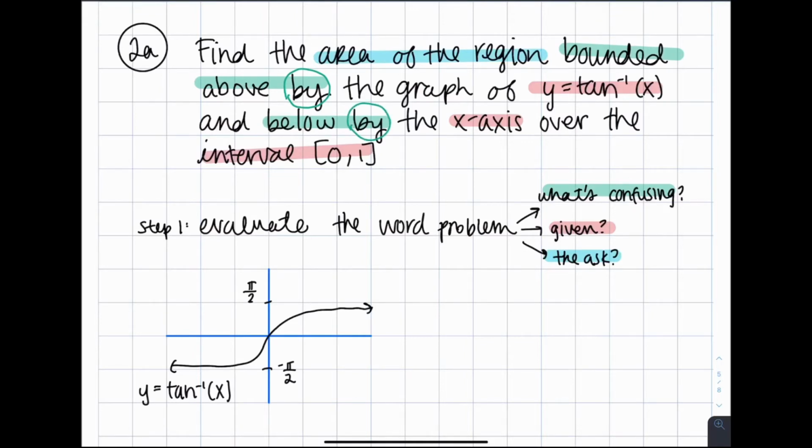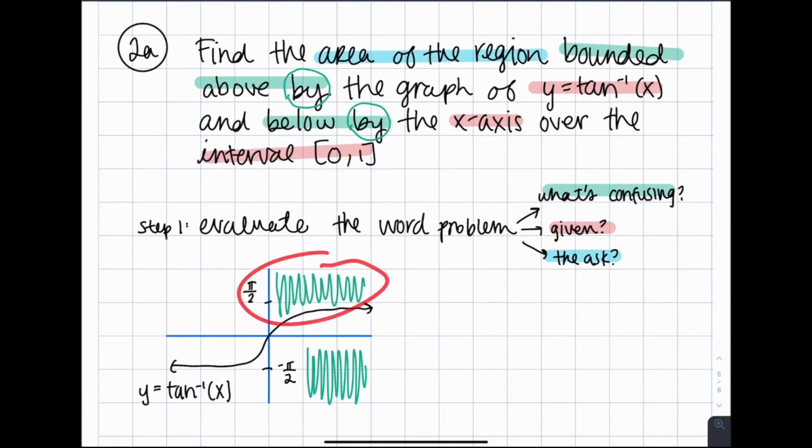When in doubt, graph. So if we misread this, and let's say we just completely overlooked the by, and we read it as bounded above the graph of inverse of tangent and below the x-axis, in this case, the areas we have just drawn don't even overlap to create one region, be some alert that we have done something wrong.